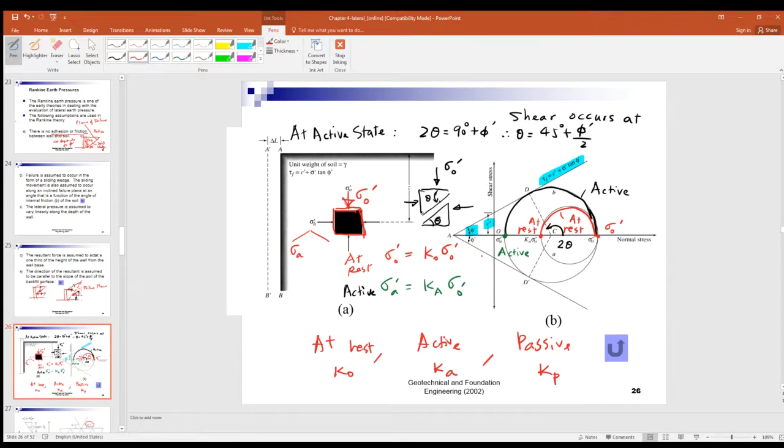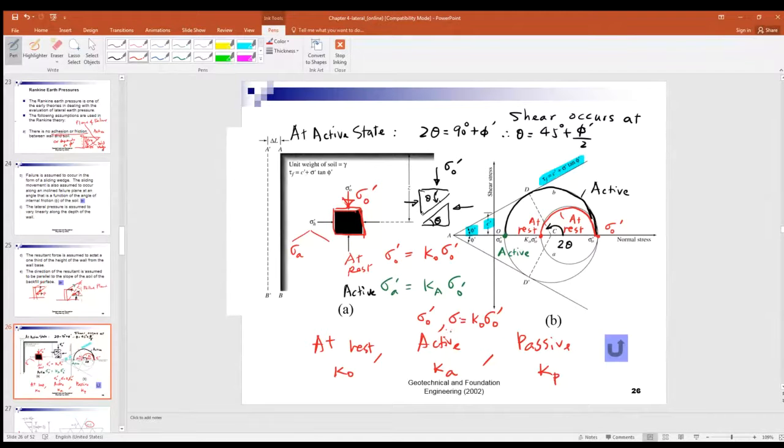Now, first of all, we are talking about K naught, at rest, first. Notice that at rest means the horizontal stress is equal to what? It equals K naught times sigma naught dash, because sigma naught dash is the vertical stress, so you multiply by K naught, and that gives you the horizontal stress.